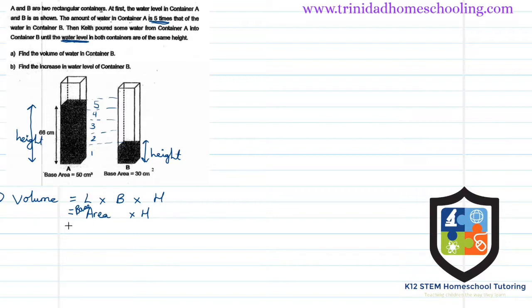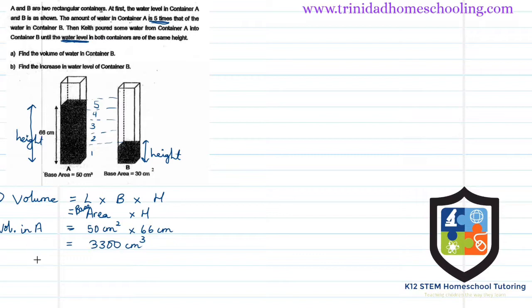So we were given the base area of A. The volume of water in A would be equal to this base area, 50 centimeters squared, multiplied by the height given, which is 66 centimeters. This will give us a volume of water in container A as 3,300 centimeters cubed.